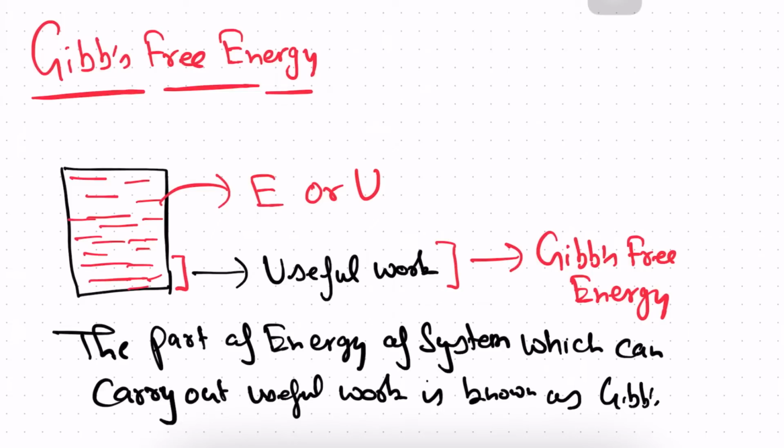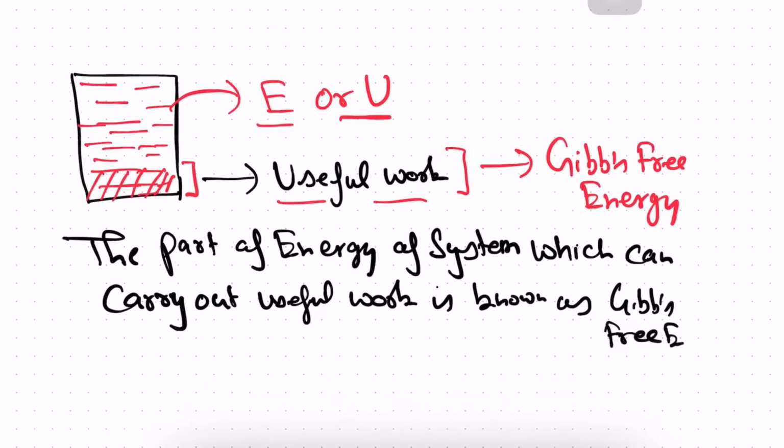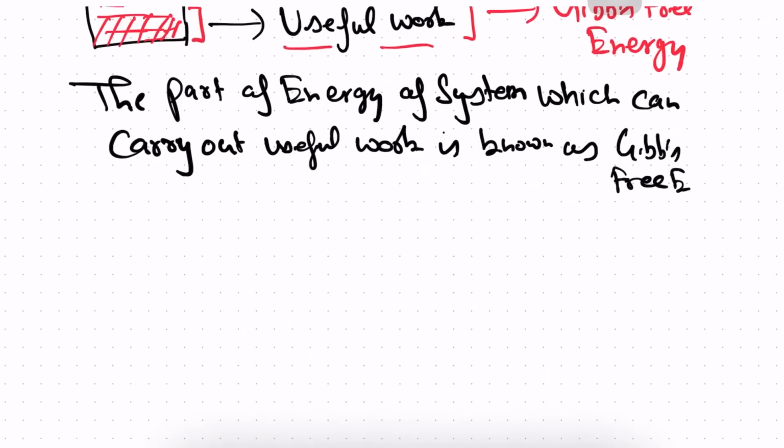Hopefully you have understood that within the system you have some total energy, but out of this total energy only some part can carry out useful work, and this energy is known as Gibbs free energy.